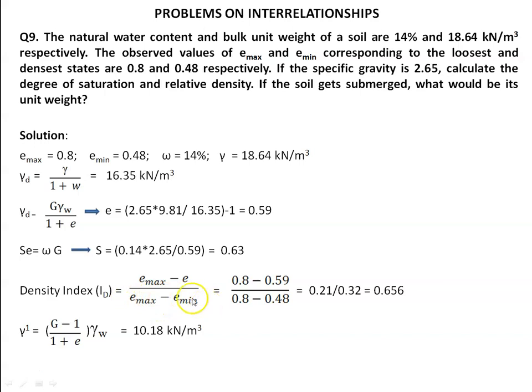Minimum void ratio is corresponding to densest state. So the values of e max and e minimum are given, and the value of e is calculated from the value of dry unit weight, so that we can substitute all the values in this equation and then estimate the density index. Then the equation for submerged unit weight is G minus 1 into gamma W by 1 plus e. By substituting the values of specific gravity, unit weight of water and void ratio, we can estimate the submerged unit weight.